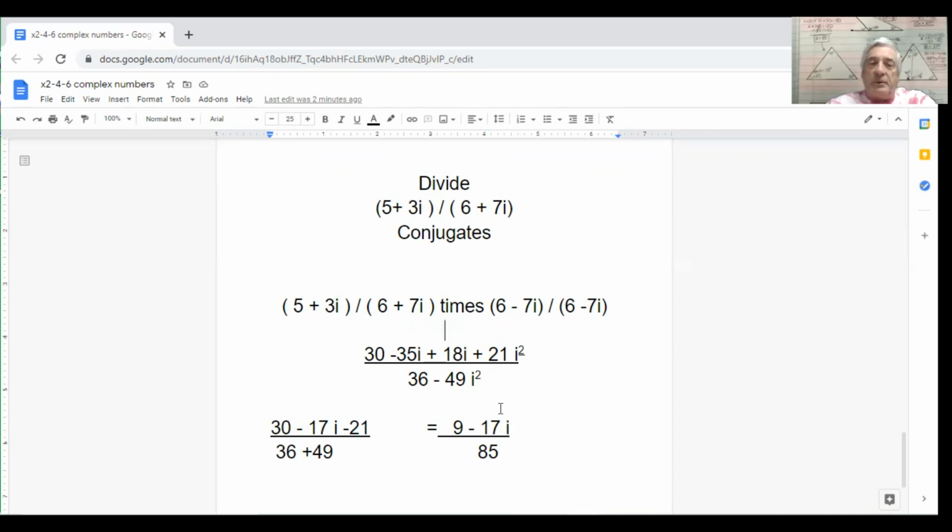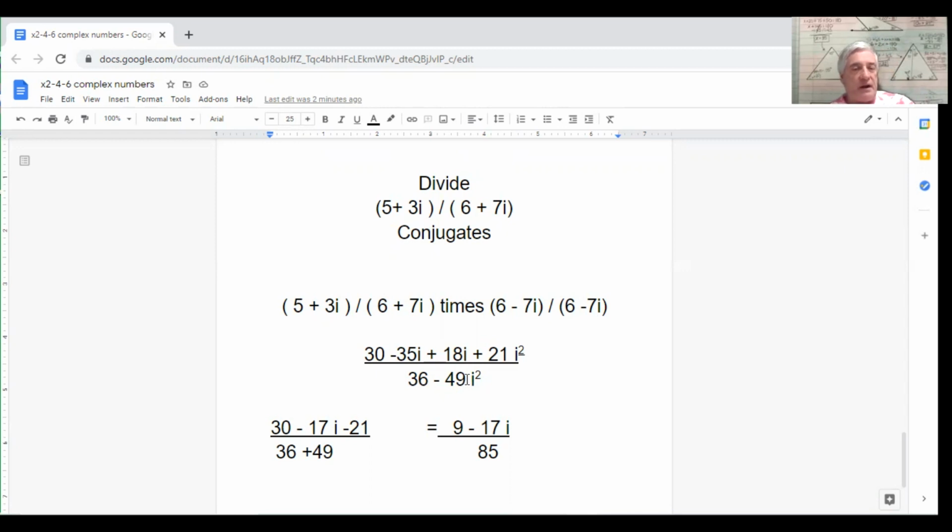But the top's not what we worried about. We worried about simplifying. So let's look at the bottom. When we multiply 6 plus 7i times 6 minus 7i, we get 36 minus 49i squared. The middle terms leave because the middle terms are minus 42i and plus 42i, and they will leave.